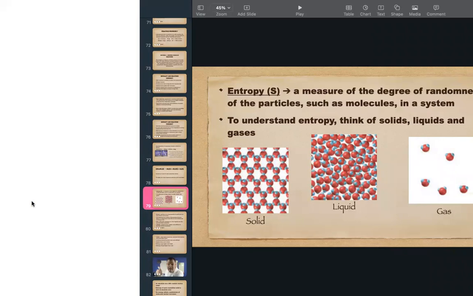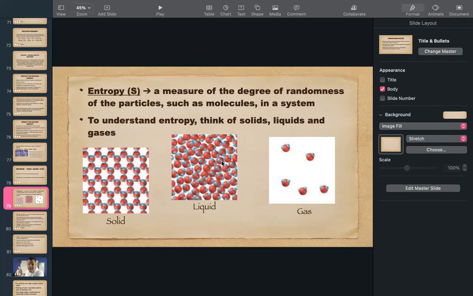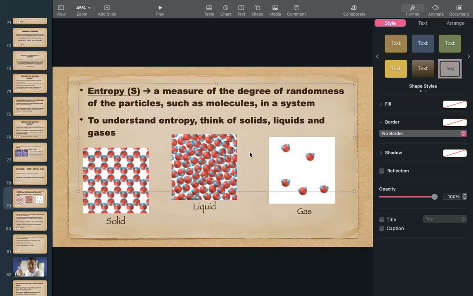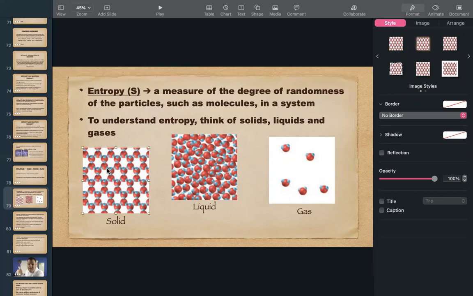So why does ice melt spontaneously? It is because of the arrangement of particles. The solid particles of ice are becoming more random. The entropy is increasing, which is why some endothermic processes do occur naturally, like ice melting.